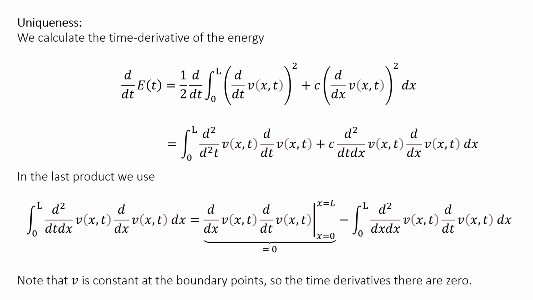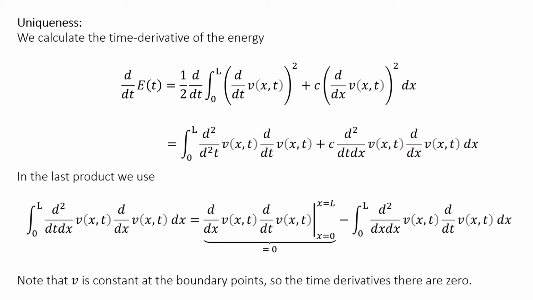In the last product, the integral from 0 to L of the time derivative and space derivative of v(x,t) multiplied with the space derivative of v(x,t) dx. What we do is we roll over the first x derivative in the left factor onto the other factor.